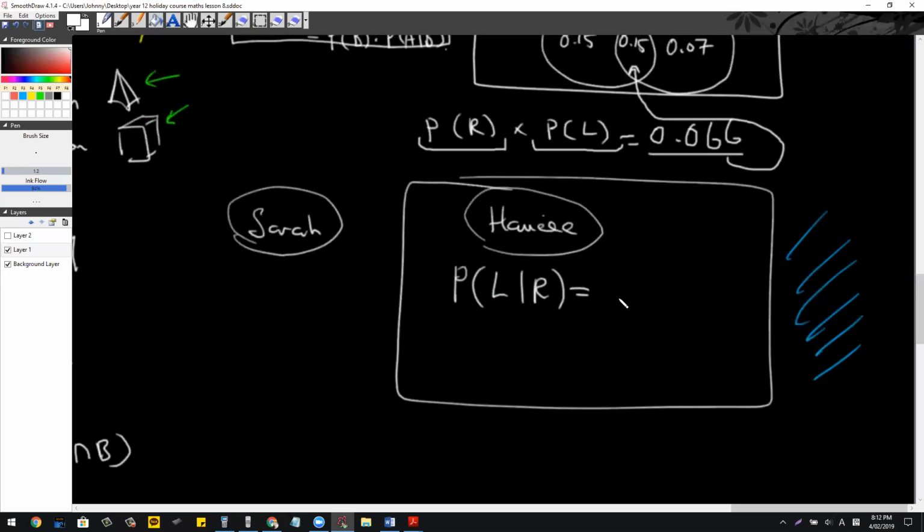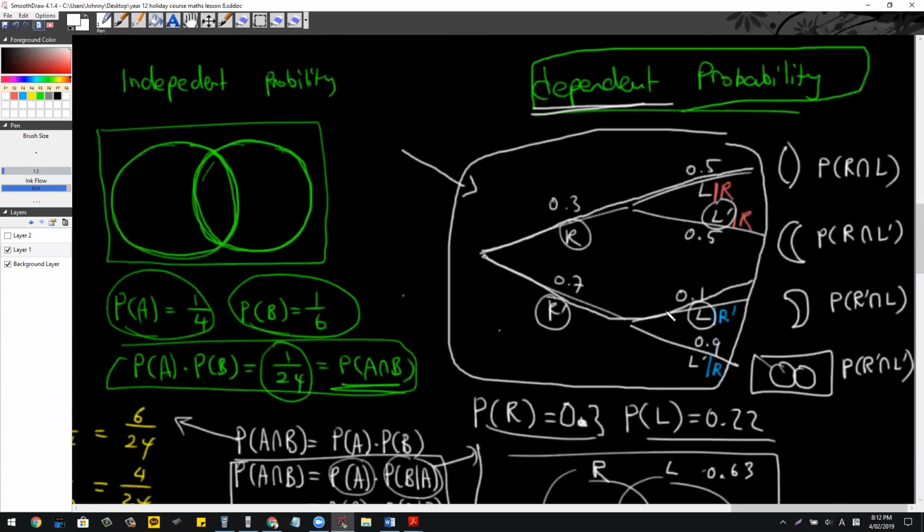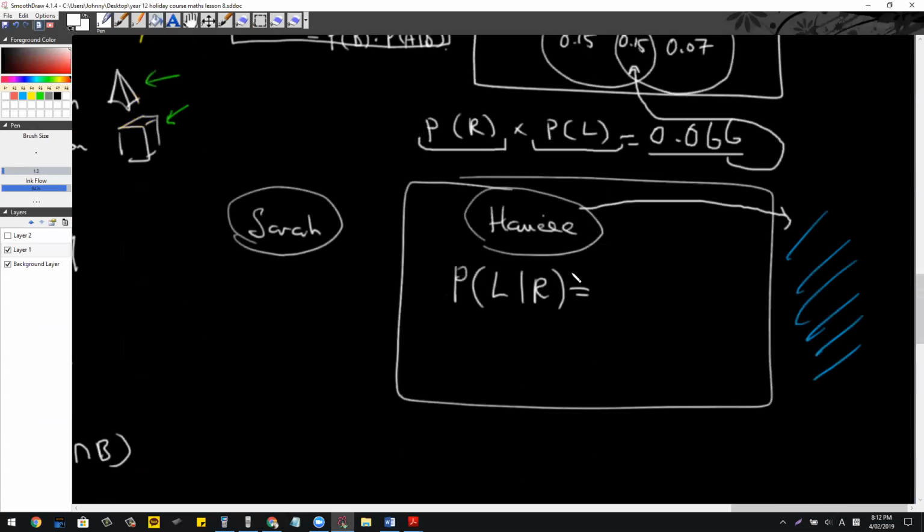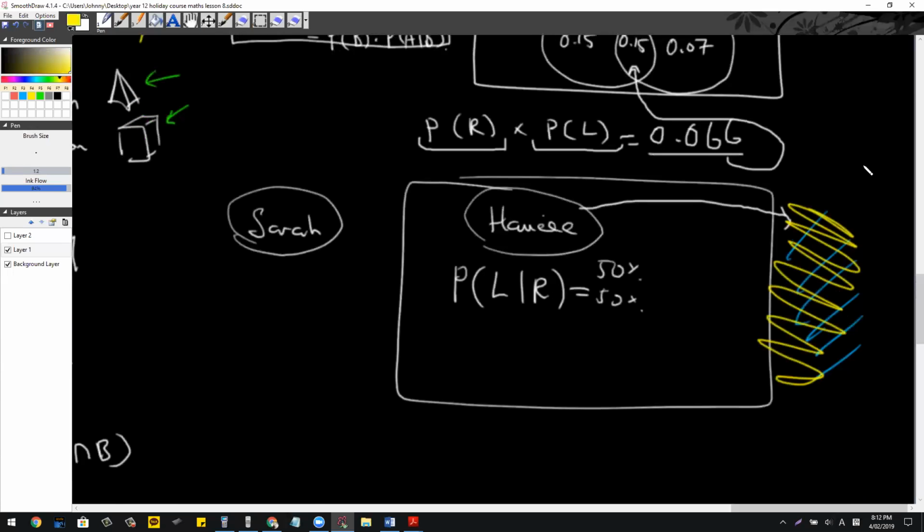She's observing that it's raining outside, and she has this table, and she can tell that the probability that Sarah is going to be late is 50%. So 50% late, 50% not late. And if it's fine outside, sunny, then she can make a prediction about Sarah being late and not late.